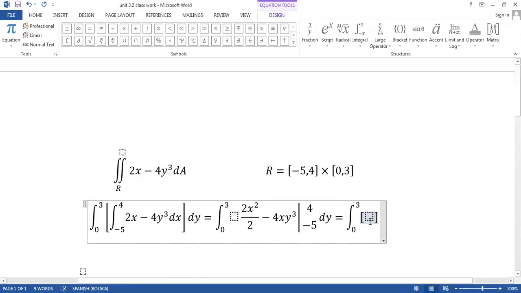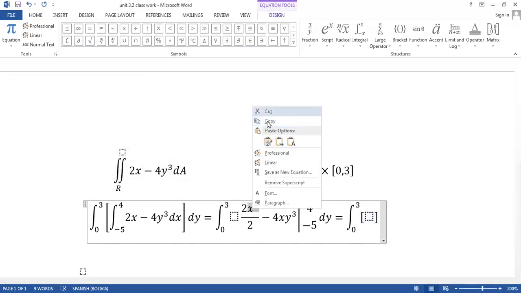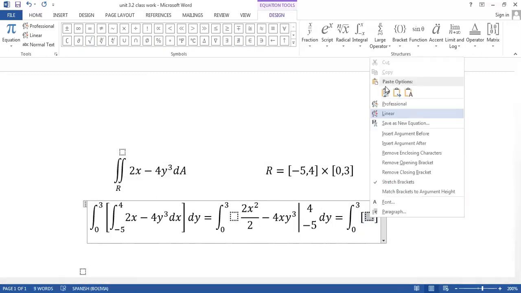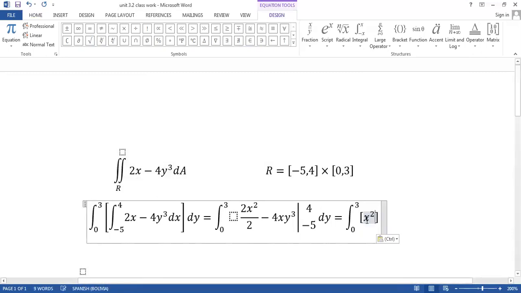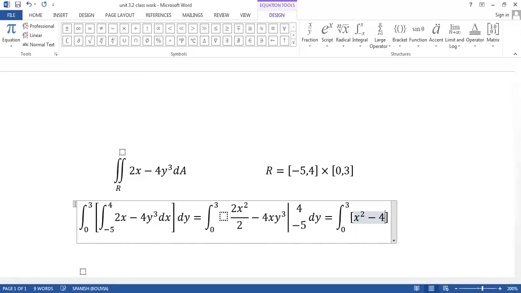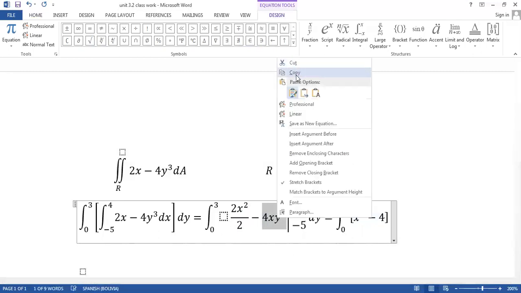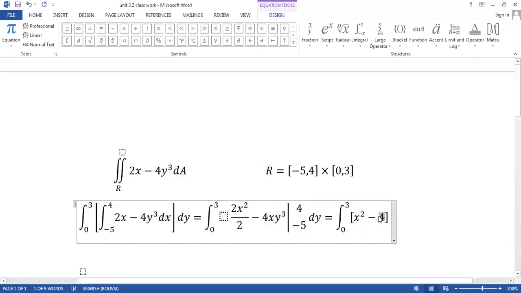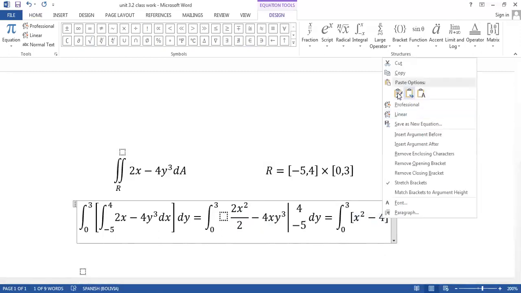So that becomes x squared. Well, yeah, the 2s cancel. So it's going to actually be x squared minus 4xy cubed. Let me do what you said.